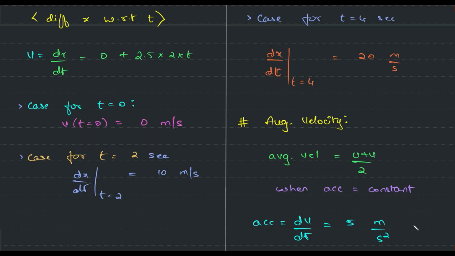Again, please understand that without the basics, you can't do much over here. If you don't understand how I got 5 over here, you are not doing the right thing for yourself. And so the average velocity, I'm directly writing over here, is 15 meter per second.